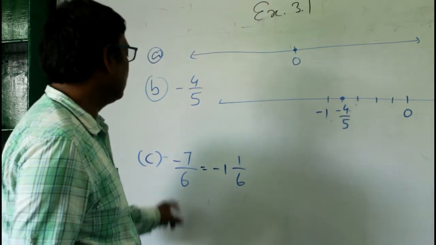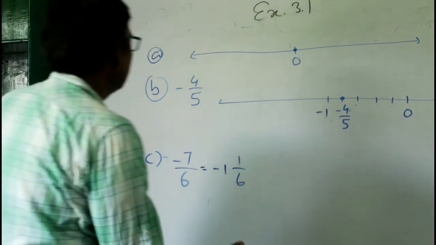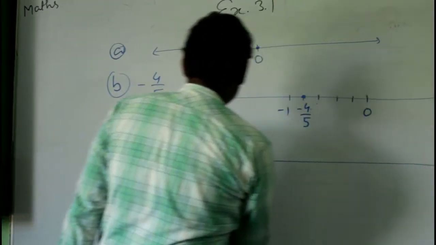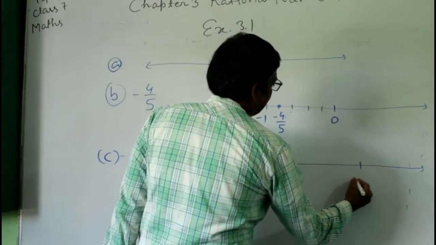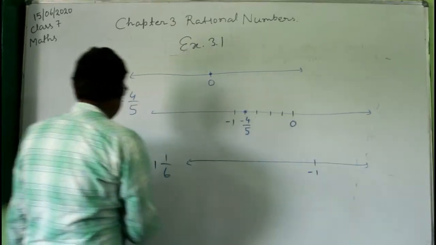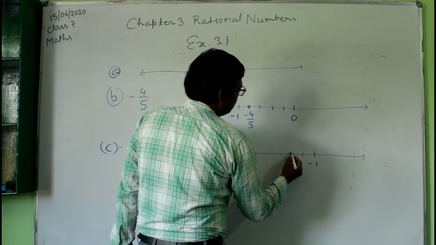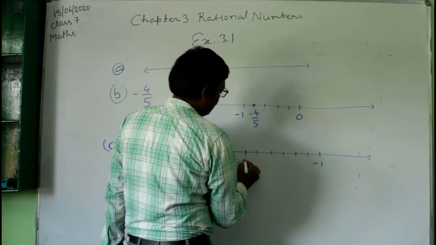So this number will lie between minus 2 and minus 1. So now take here minus 1 and then because the denominator is 6, take 6 equal parts here, 1, 2, 3, 4, 5, 6 and this will be minus 2.